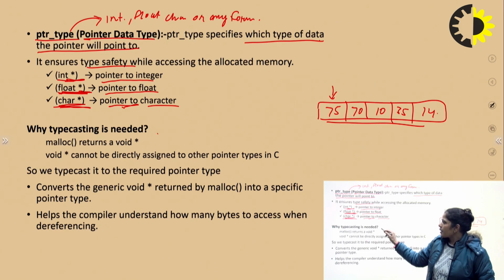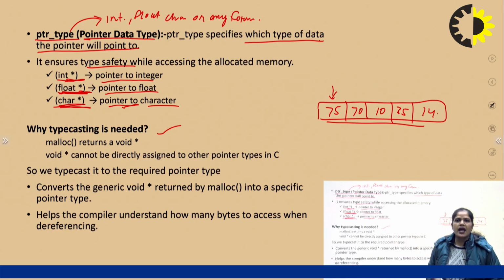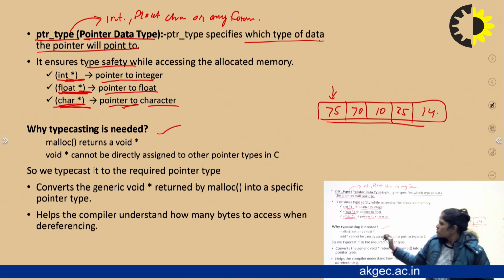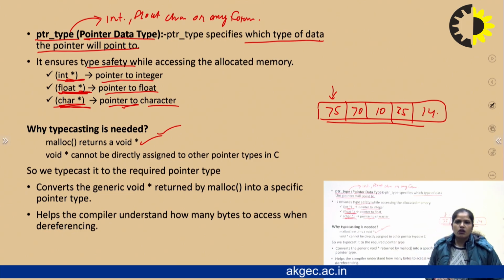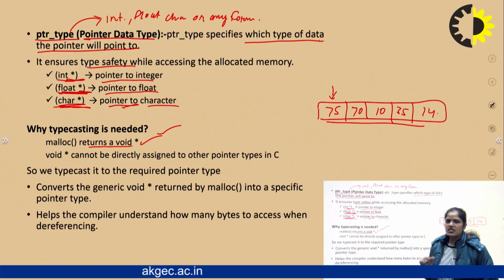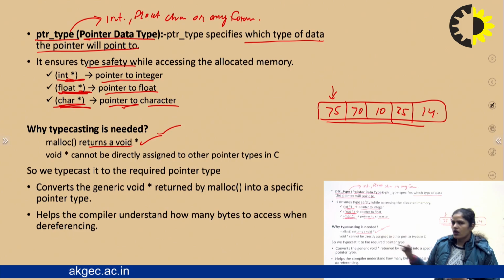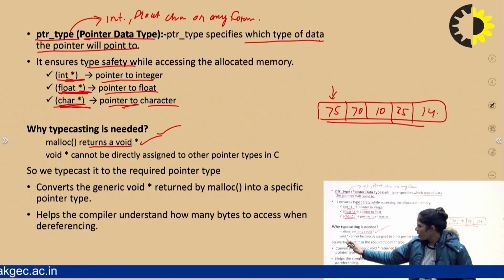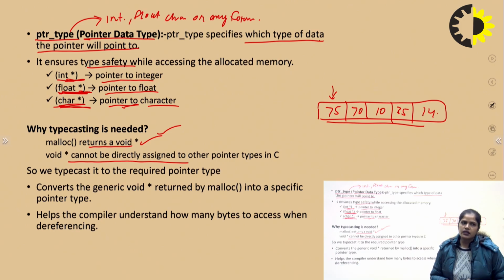So the question arises, why is typecasting needed whenever we are implementing this type of explanation, right? What is the actual meaning of typecasting? Malloc returns a void pointer. As you know, malloc always returns a pointer, and this pointer is always of type void, right? And a void pointer cannot be directly assigned to other types of pointers. So here we need to typecast this void pointer to a particular type that will represent some kind of values.